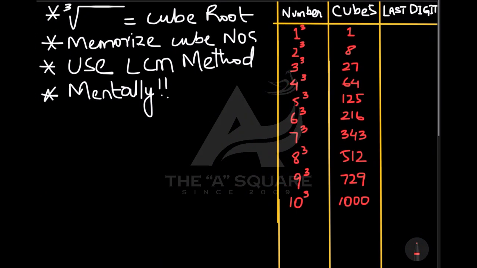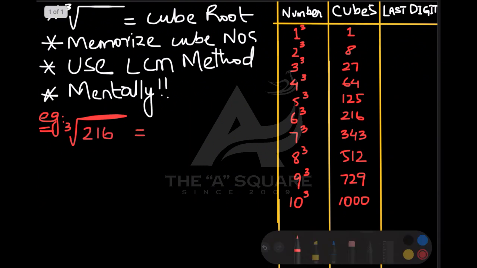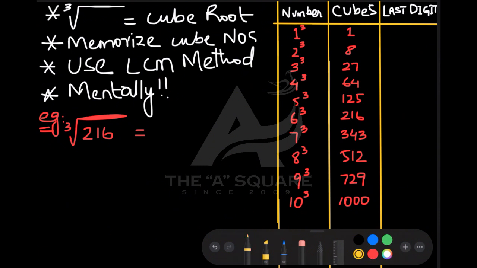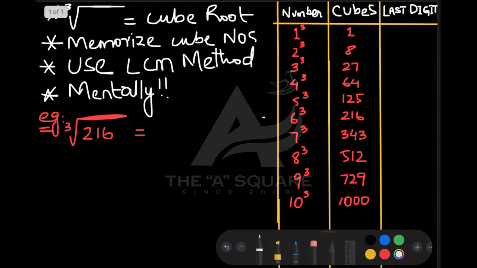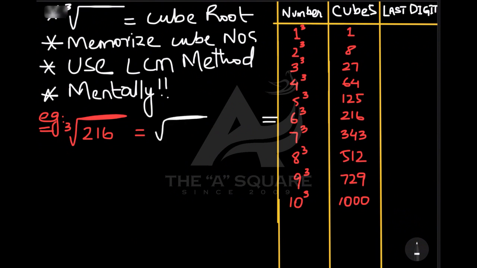I have written the third point. You have to use an LCM method. What is an LCM method basically? If I use an example to calculate the cube root of, let's say, 216, we can recall that 216 is the cube of 6, or we can write it as the cube root of 6 power 3, where the 3 and the cube root cancel. The final answer is 6.